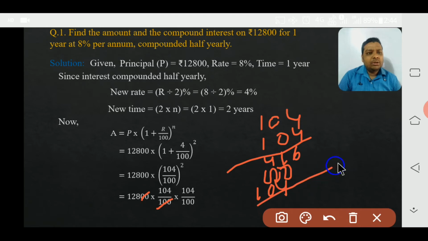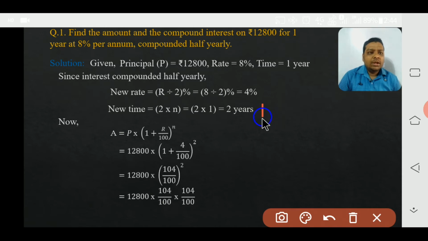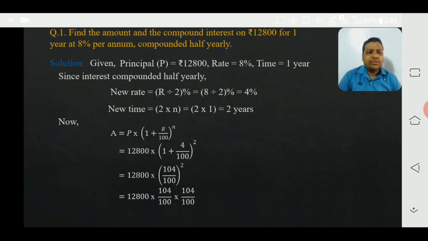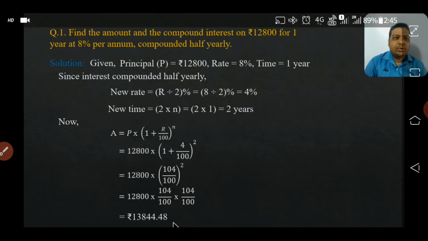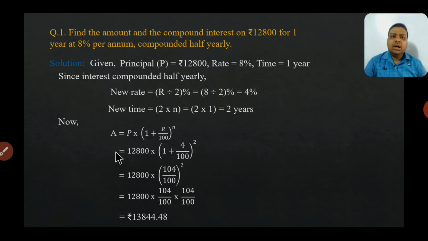So it will be 10,816, and now we will multiply it by 128. Okay, so it will be 10,816 into 128. If you multiply this dear, then what we will get here, you can see, it will be directly rupees 13,844.48, and that will be the amount dear.